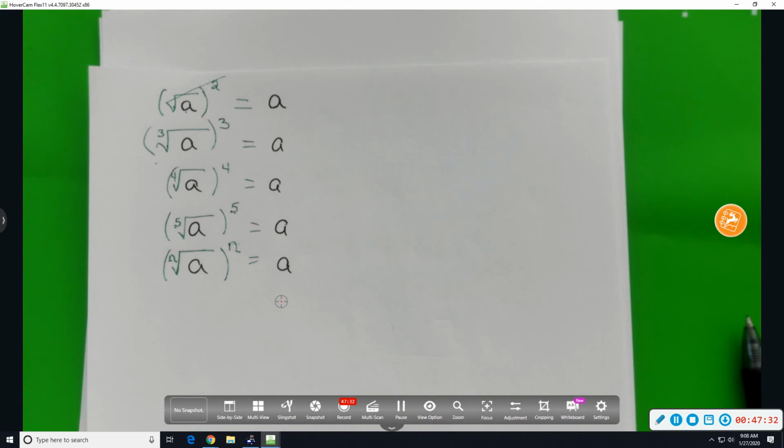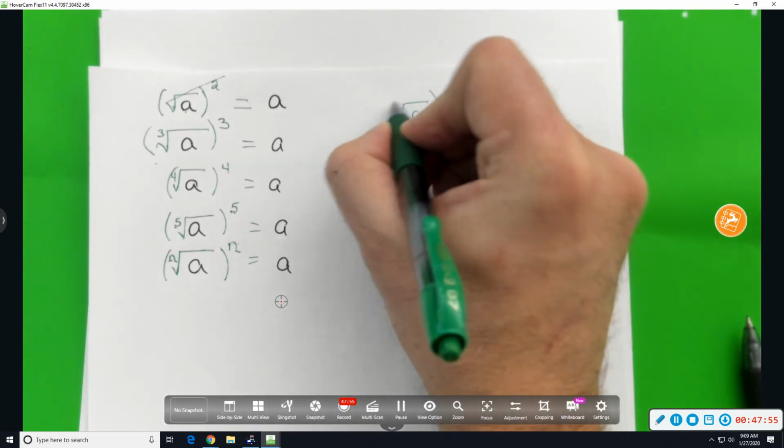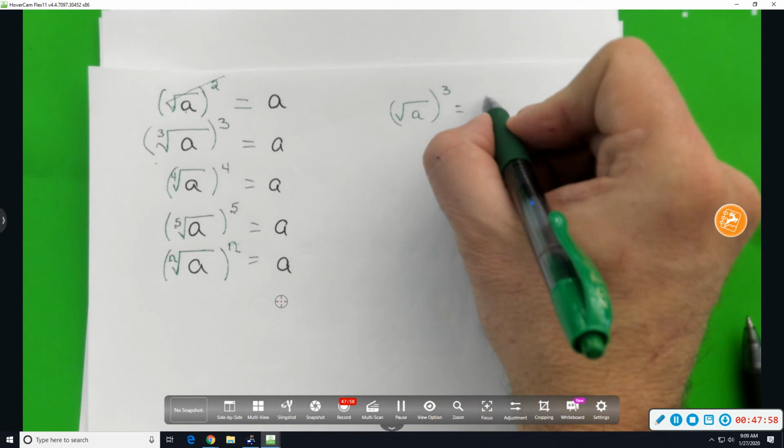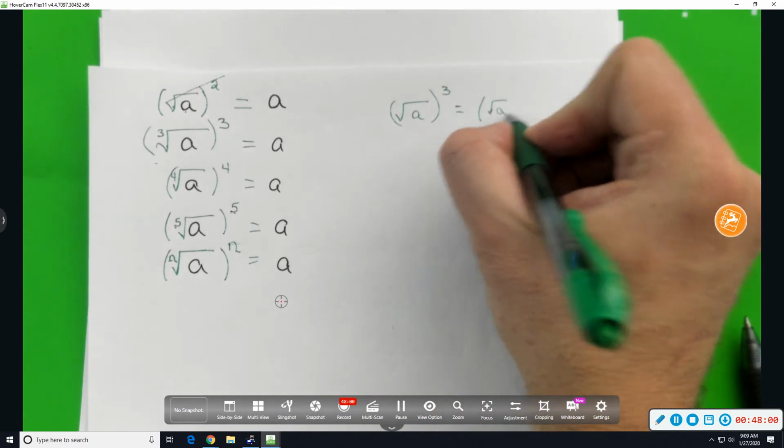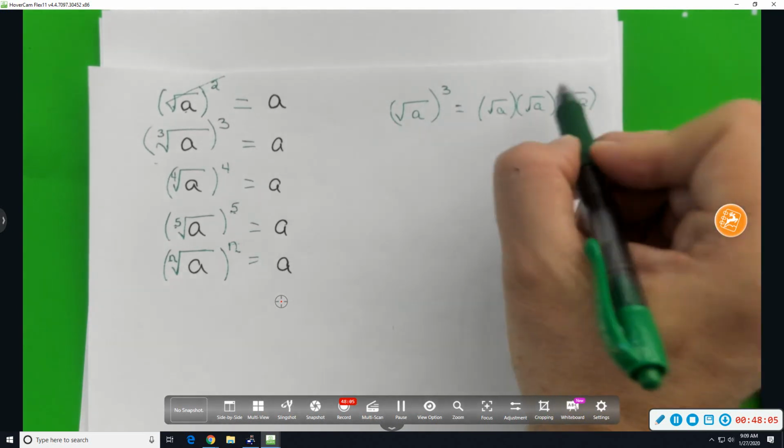And by extension, say, would it be correct that a square root cubed is simply a squared? No, if you cube the square root, you would have to think of it like this: square root of a times square root of a times square root of a.